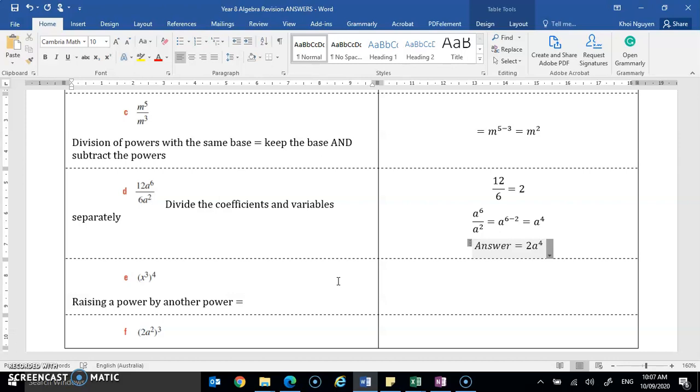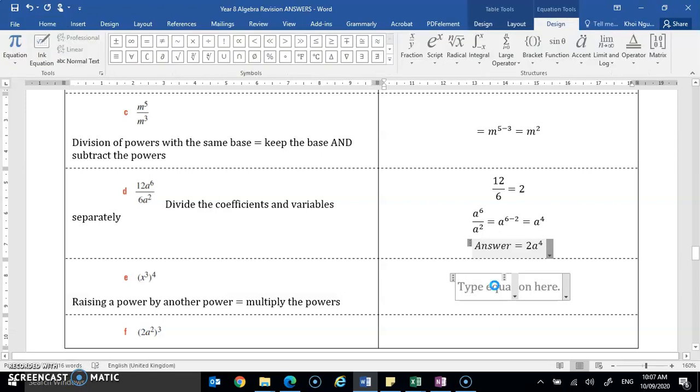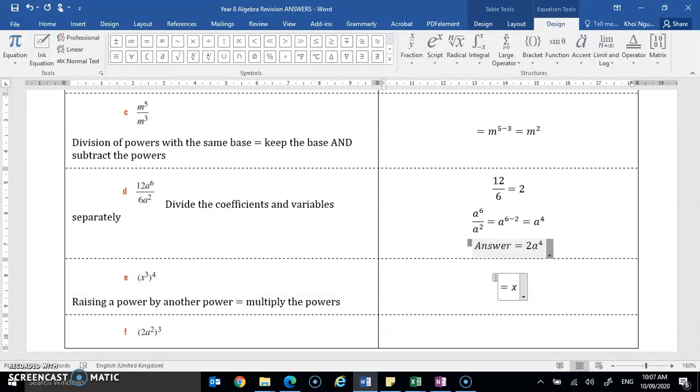We just multiply the powers together. So here the base is x raised to the power of 3 times 4. Multiply the powers together. 3 times 4 is 12, so we have x to the power of 12. And that's our answer.